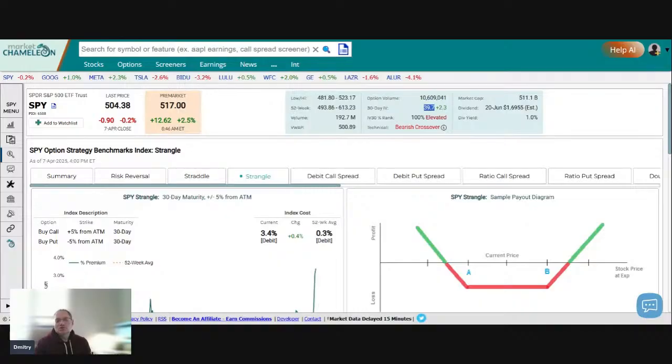But this goes a little bit further into strategies, right? Not just referencing an implied volatility of, let's say, 30-day at the money. This looks at an option strategy. So I think I covered everything on this page at this point, so I'm going to stop here.